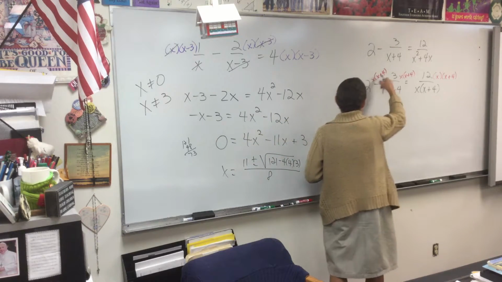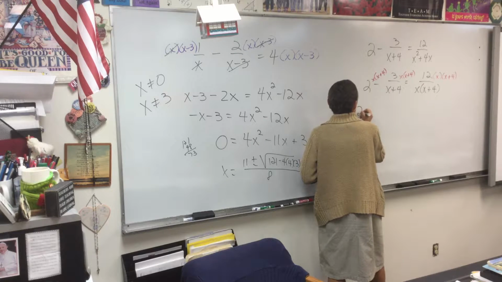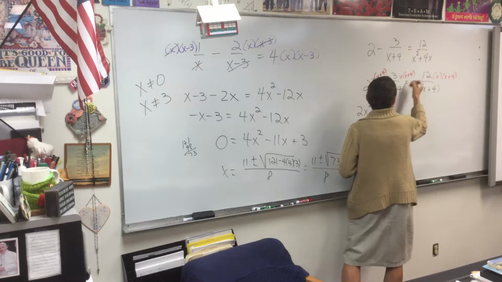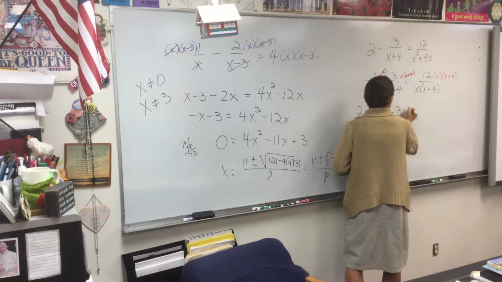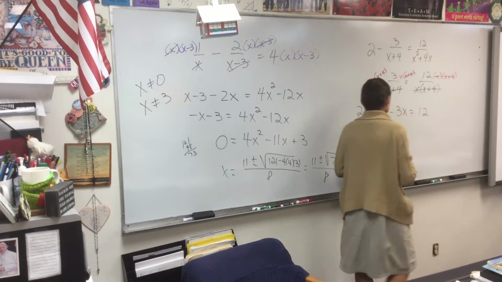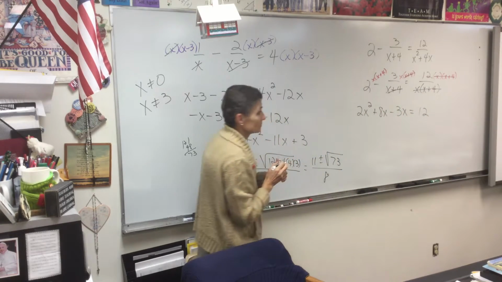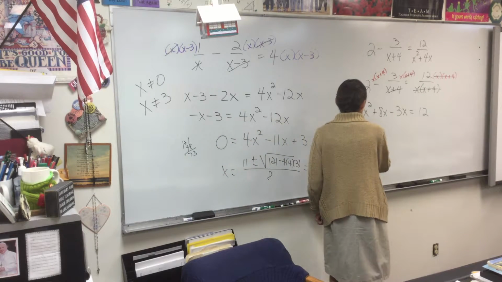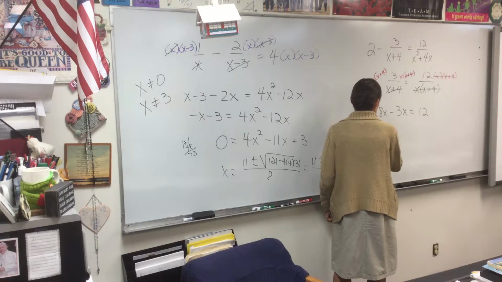Well, nothing cancels here, so again, I'm just going to distribute: 2x squared plus 8x. All right, now here, these are gone. Oh, and here, that's all gone, right? So once again, we've got our handy-dandy little quadratic.